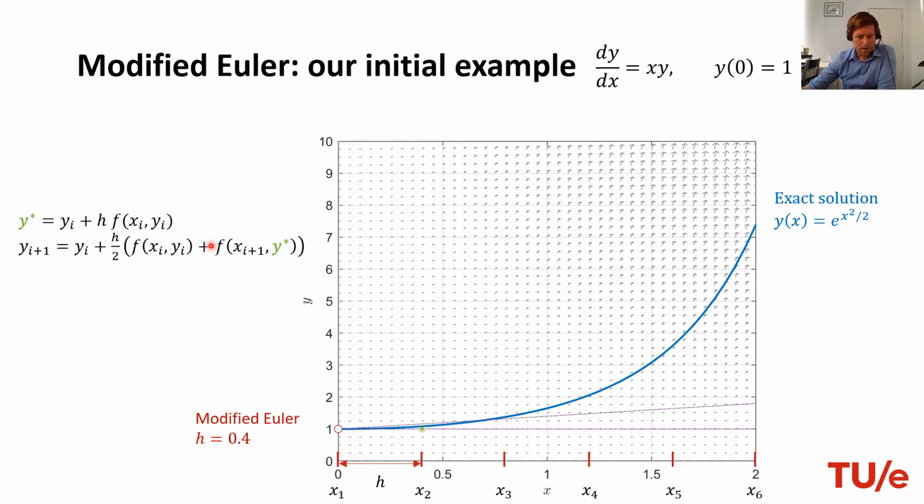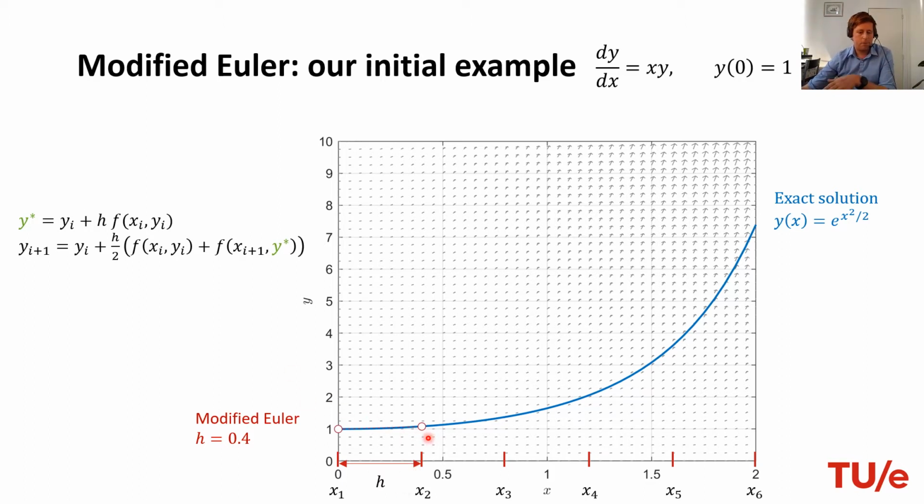And this function evaluated, that will again give us a slope where this slope at this point corresponds to this other purple dashed line. And then we will take the average of those two lines, so the average of the slopes of those two lines, in order to actually update the solution. And that's what we get over here. So this solid purple line is then the average of the two. And then wherever this solid line crosses the point where x is equal to 0.4, so this vertical line I'm tracing right now, that is where our solution will be in the next time step.